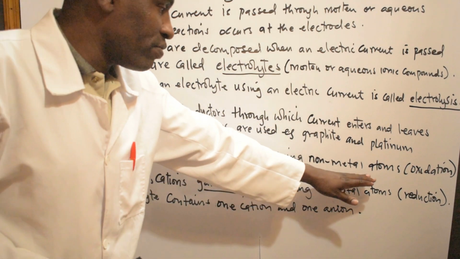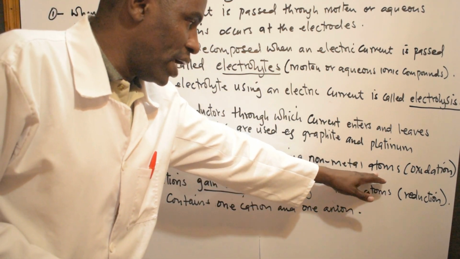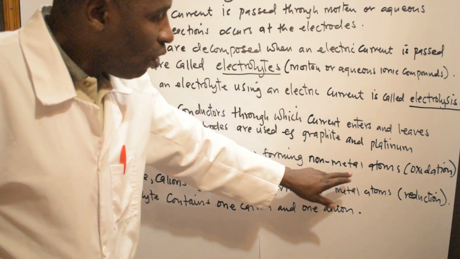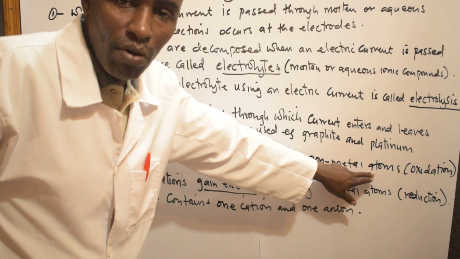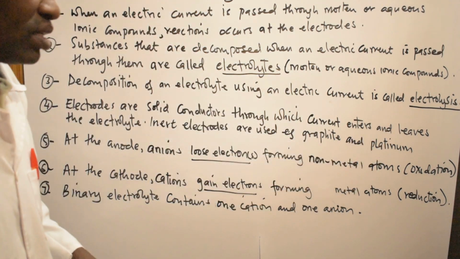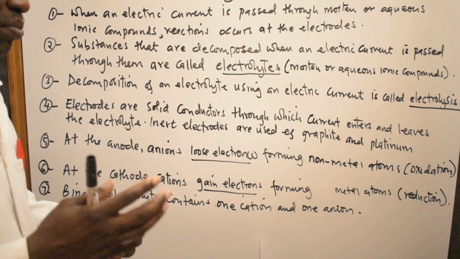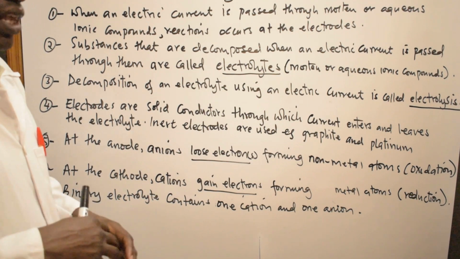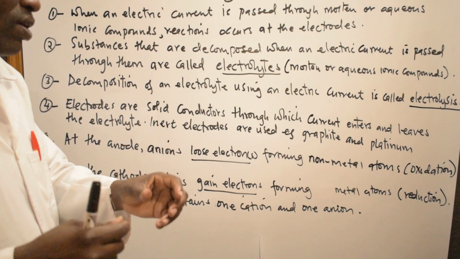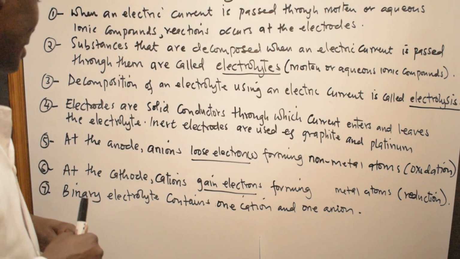Now, the observation that we're going to make here depends on the color of the non-metal that will be formed. In our case, we were using bromine. Bromine gas was formed. Bromine gas is normally red-brown, and therefore we're going to have a red-brown gas forming at the anode.